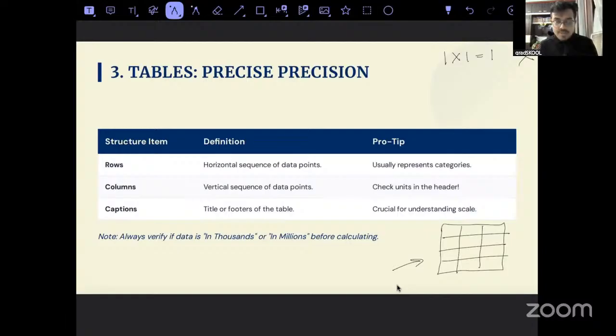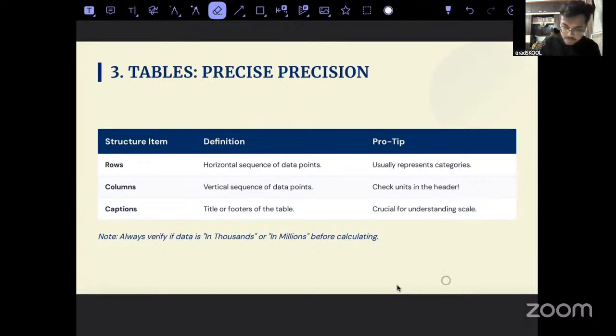What are columns? And how is data stored in this? We'll discuss that. Just a minute, I'll clear this. So this is a table.